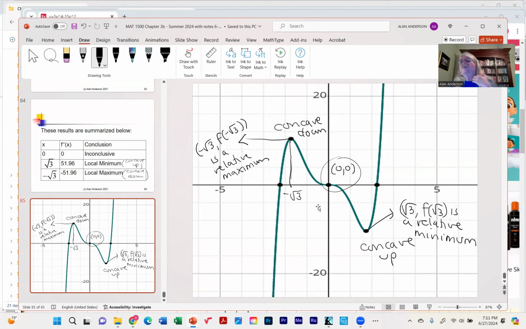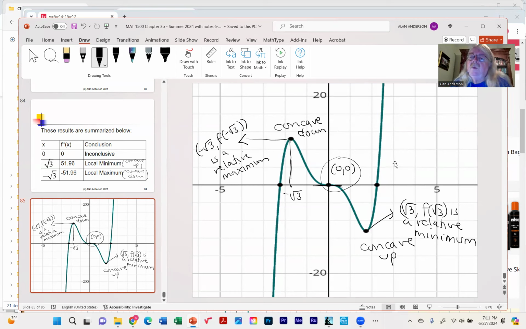Just because a point is a critical point, it doesn't necessarily mean that it's a minimum or a maximum. And that's what happened here. We have a maximum here, of course, and we have a minimum here. And you can see we do have a tangent with a slope of 0, which means it is indeed a critical point, but it didn't turn out to be either a maximum or a minimum.